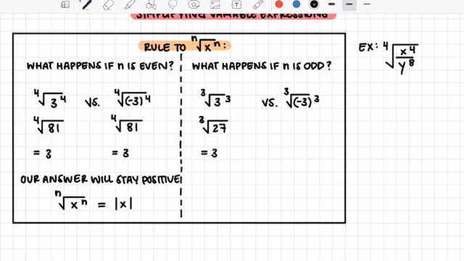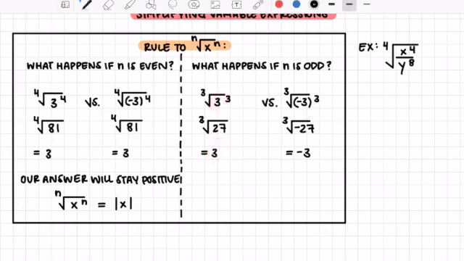Now in this case, where we have a negative x value, if I were to solve this on the inside, I get negative 27, and the cubic root of negative 27 is negative 3. So in this case, our answer doesn't stay positive. Our answer instead stays whatever our sign was originally.